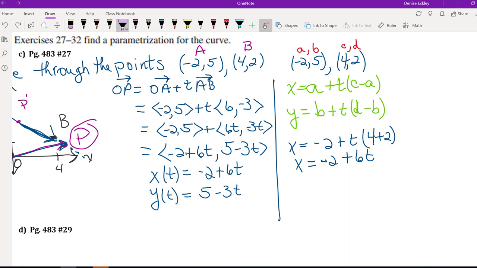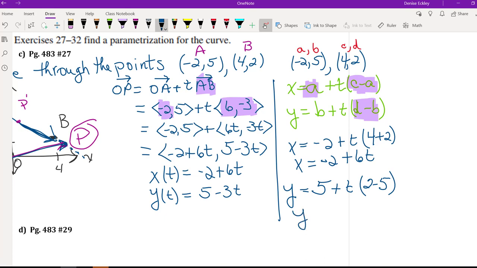This part is just creating my vector AB, and then here is the A. Then I can do the same thing with y. Y equals my b, which is 5, plus t times d minus b, which is 2 minus 5.